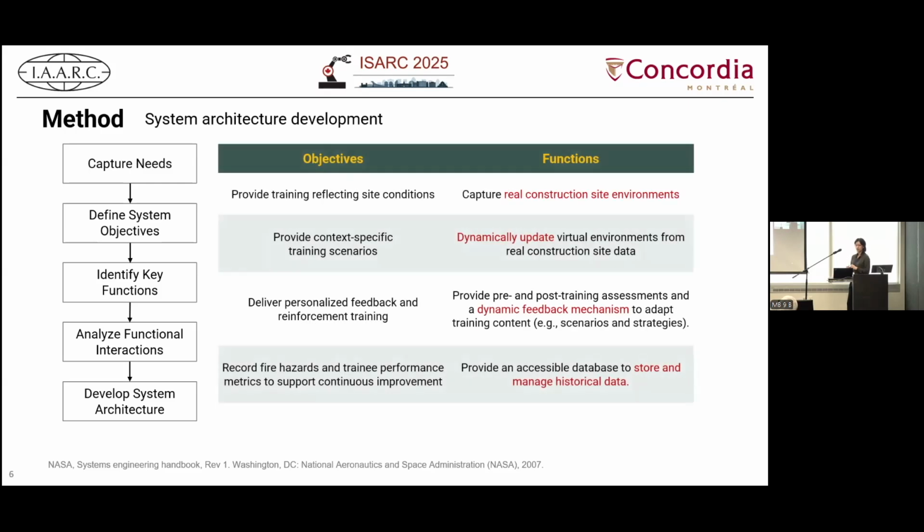In our system, we have 4 objectives corresponding with 4 functions. For example, our objective 1 is to provide training that can reflect site conditions, which requires that our system be able to capture real construction site environments. I'll introduce the other 3 functions in a moment.